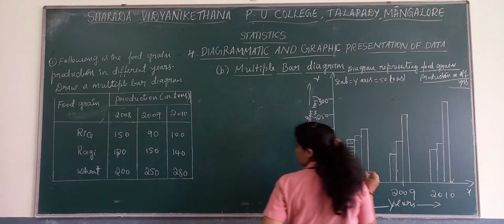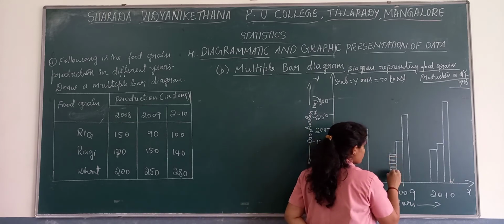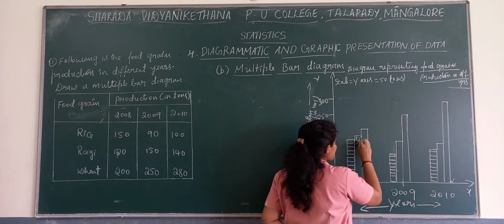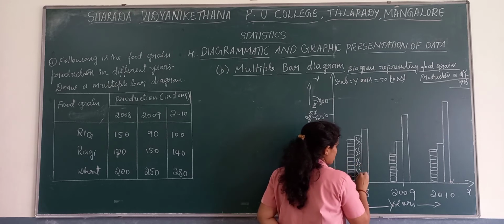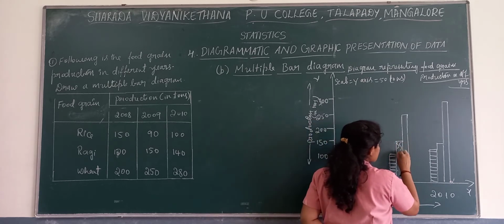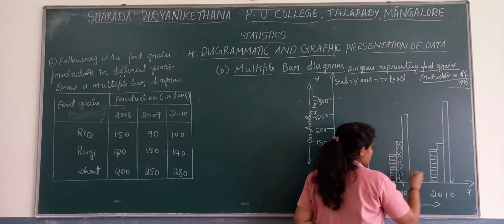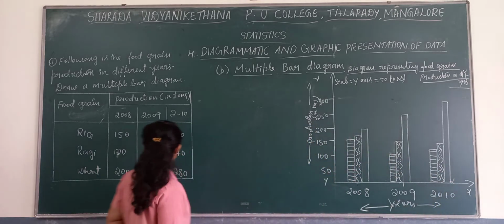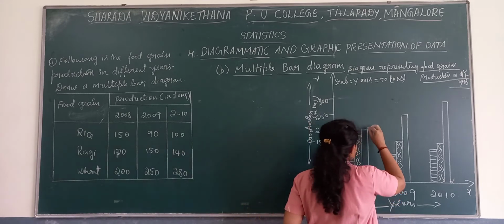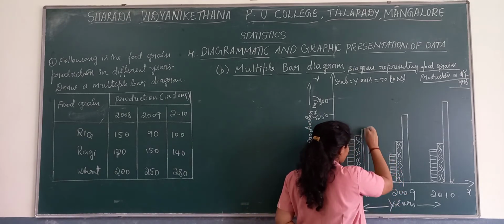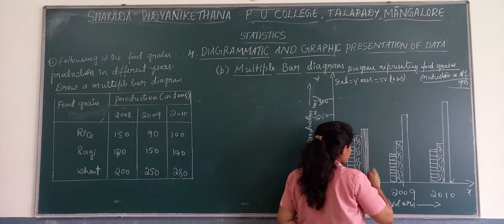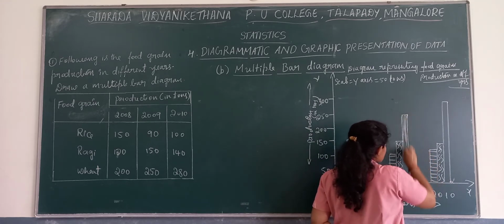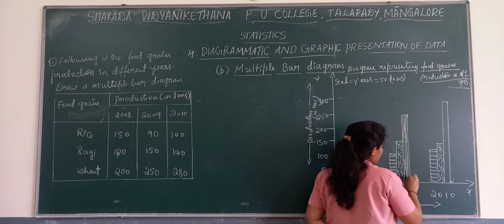Rice will get one kind of shade, ragi some other kind of shade, and wheat once again a different kind of shade.